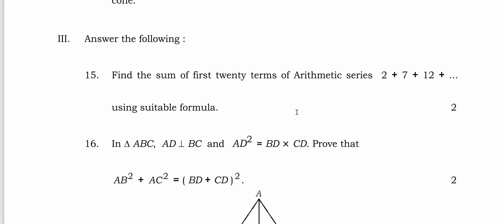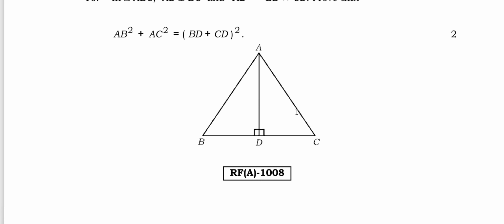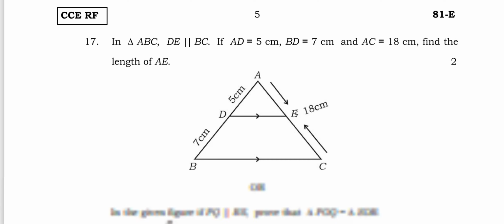Next, third main, answer the following questions. How many questions will we get? 8 questions of 2 marks, total 16 marks. Is this clear? Understood? As we can see here, some questions are given.